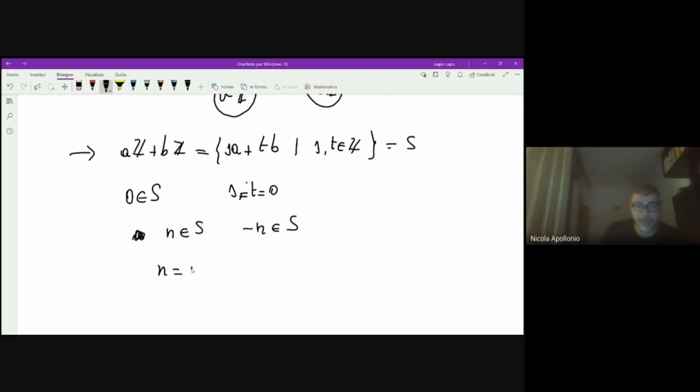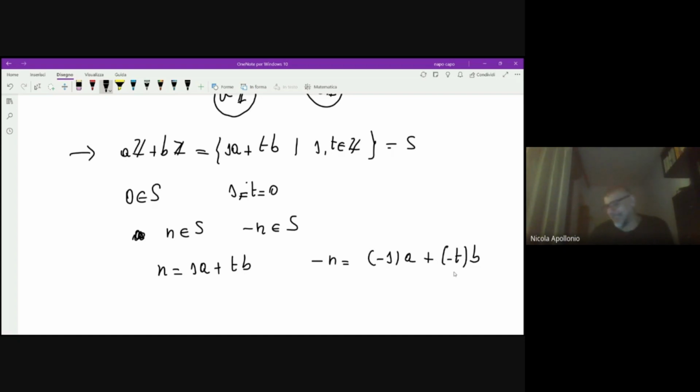If n is a linear combination of A and B, then minus n is a special linear combination of A and B. And this is true. Actually, this is enough.